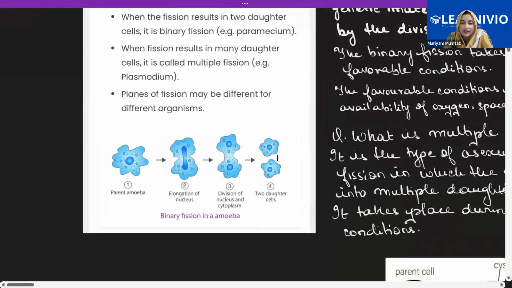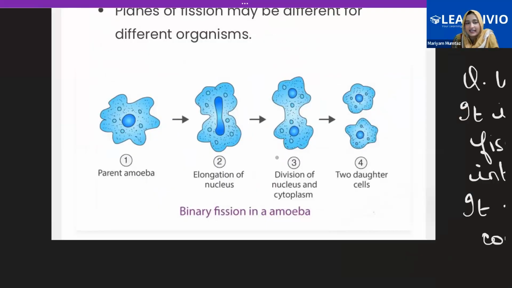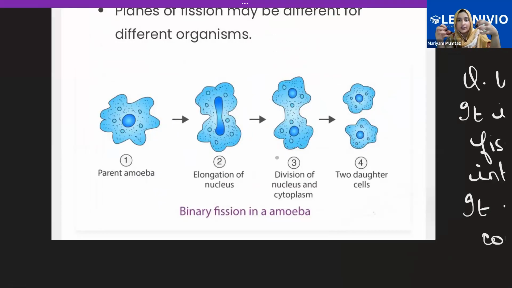Now, this picture right in front of you is the picture of binary fission that takes place in the case of amoeba. You see how first this is the parent cell and this is the genetic material of the parent. Furthermore, the parent cell's genetic material is going to elongate, start distributing into two.